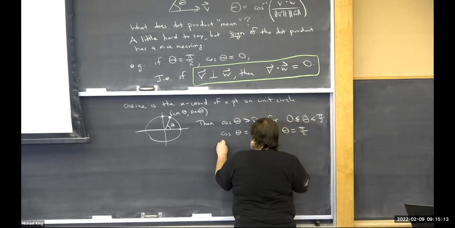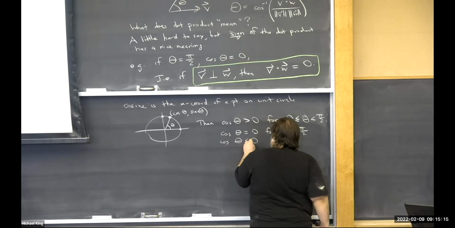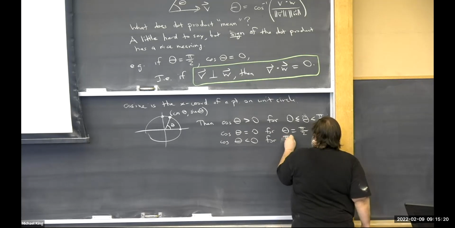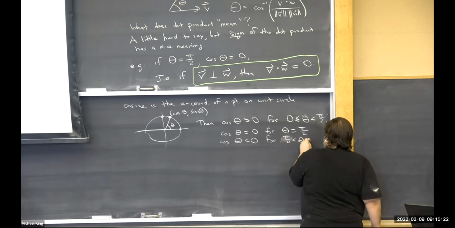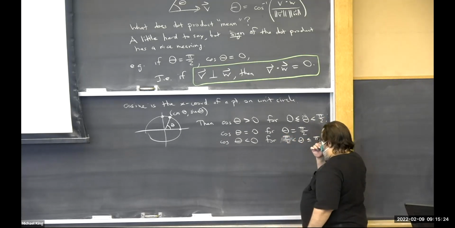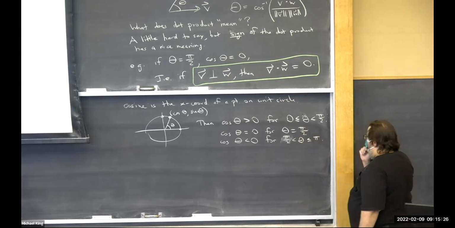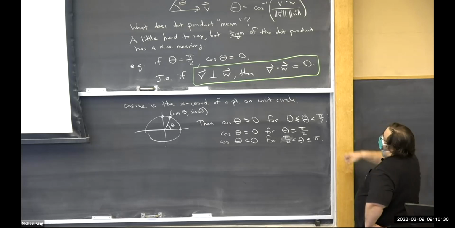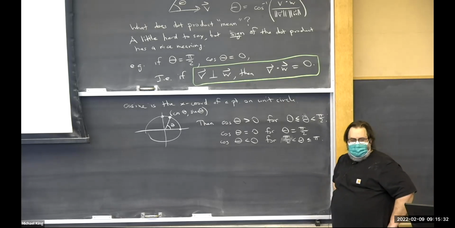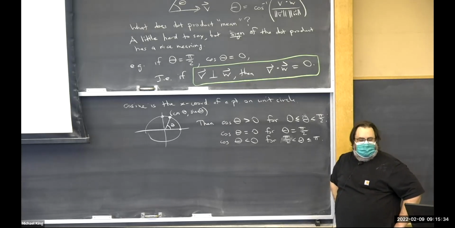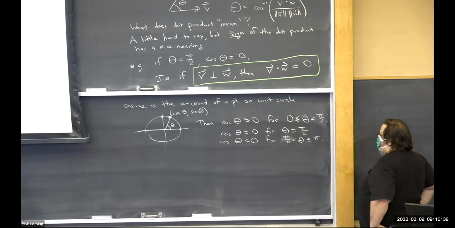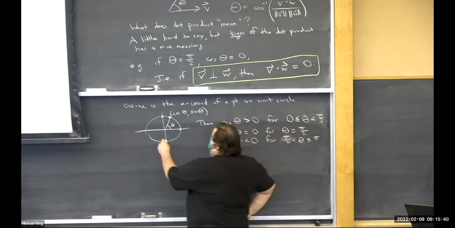And cosine theta is negative for pi over 2 less than theta less than or equal to pi. I'm just using these angles 0 to pi because if we take the angle between two vectors, it's at most 180, the biggest angle you could have between two vectors. Because if I'm over here, all of a sudden the x coordinate's negative.